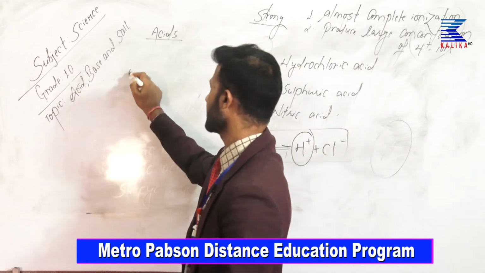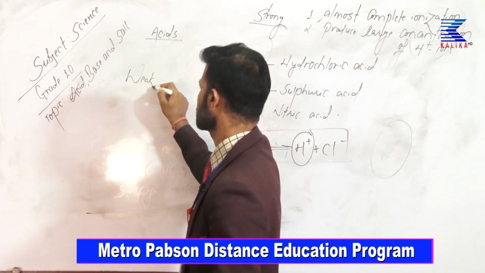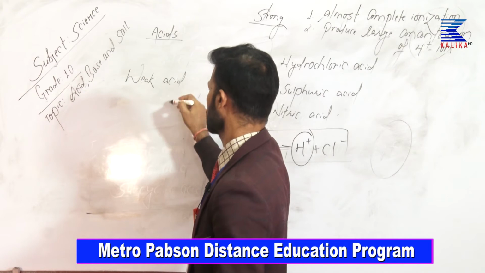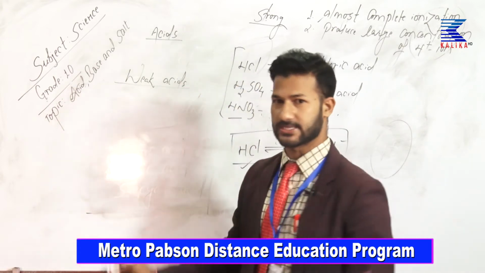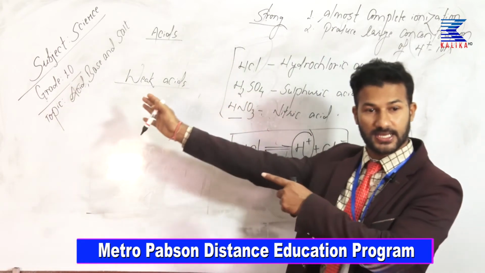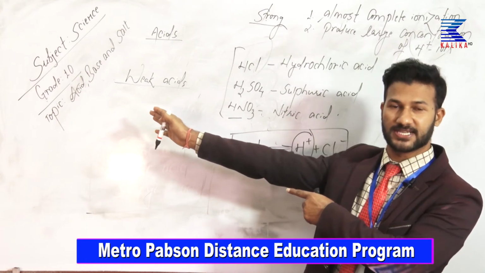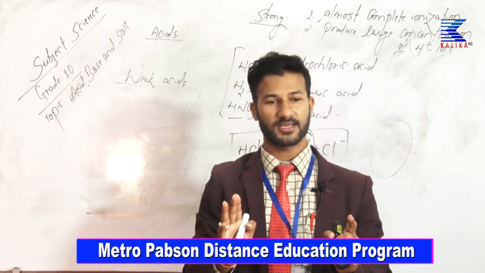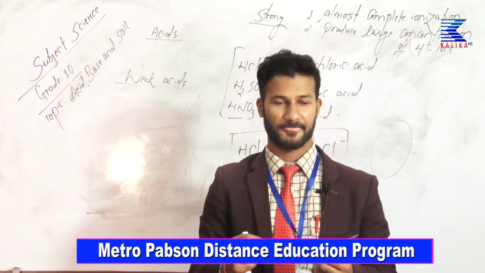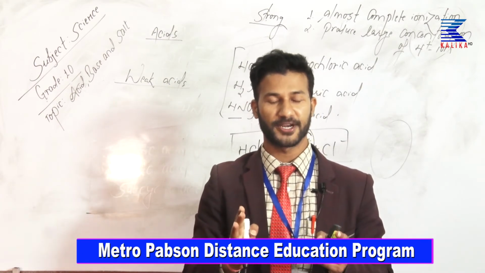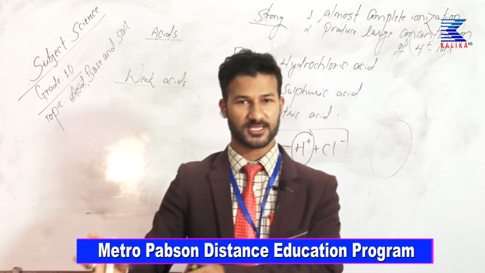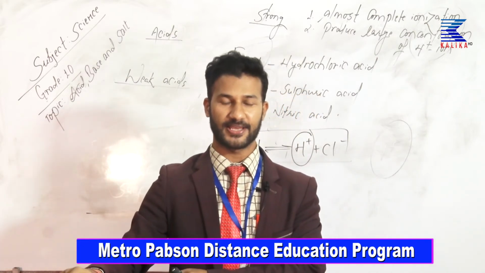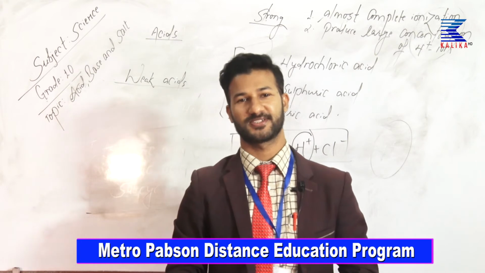See, what are weak acids? I think the name itself is enough to understand some part of it actually. Weak means having less strength, which produce less concentration of hydrogen ion in aqueous solution.